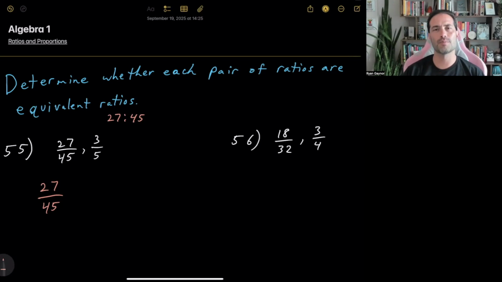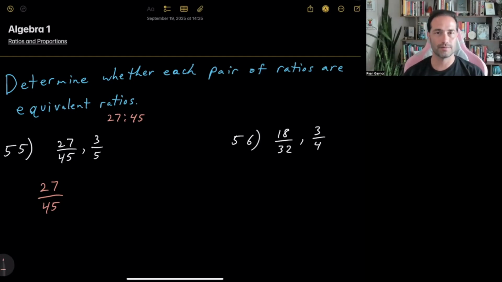I'm going to start with the number 3. Does the number 3 go into 27 and 45? Well, 27 divided by 3 is 9, and 45 divided by 3 is 15. So you can see the 3 goes into both of them, but I end up with 9 and 15. Well, 9 and 15 are also both divisible by 3. So that means that 3 was not the biggest number. So I'm going to go up a step higher.